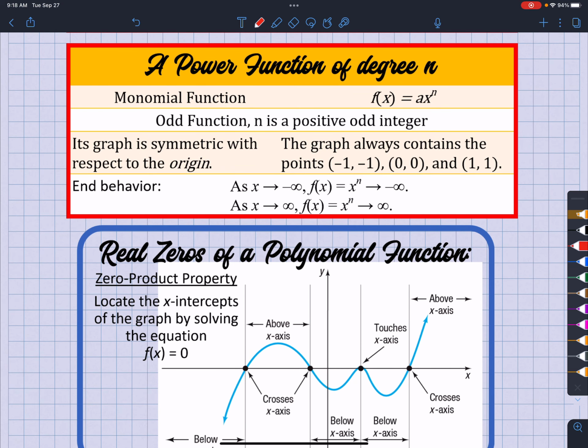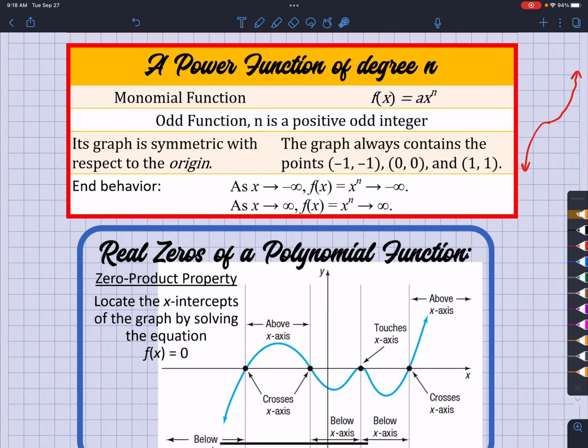When it goes to positive infinity on the x, it's going to go to positive infinity on the y. When it goes to negative infinity on the x, it's going to go to negative infinity on the y. So again, as it goes to positive infinity on the x, it's going to go to positive infinity. As it goes to negative infinity, it's going to go to negative infinity. Okay, so it's kind of going in opposite directions, right? So that is also known as the end behavior.